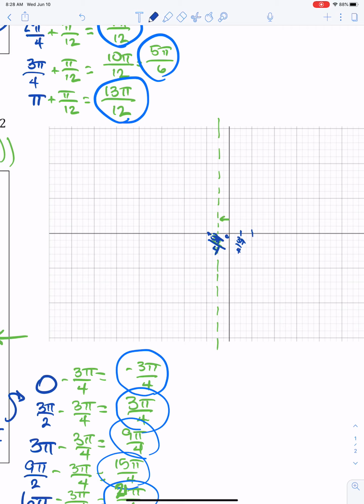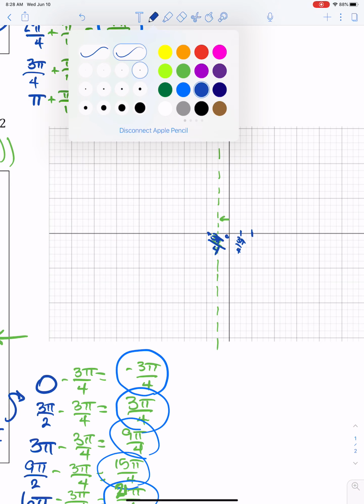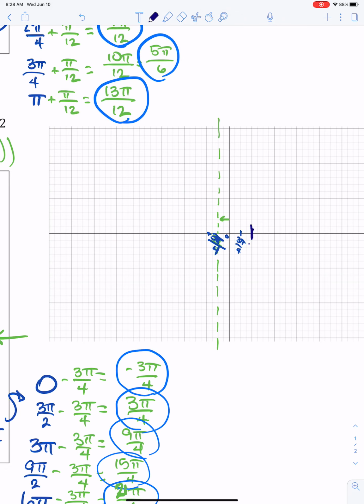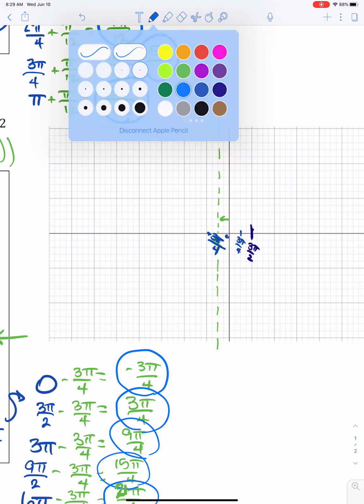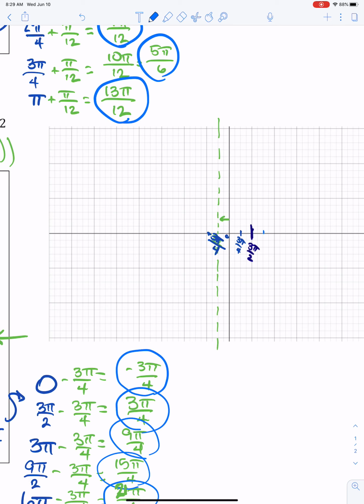The next one would be 6 pi over 4. We know that reduces to 3 pi over 2. That makes this 9 pi over 4. 12 pi over 4, or 3 pi if we want to fill that in. 15 pi over 4. 18 pi over 4, 9 pi over 2. 21 pi over 4.